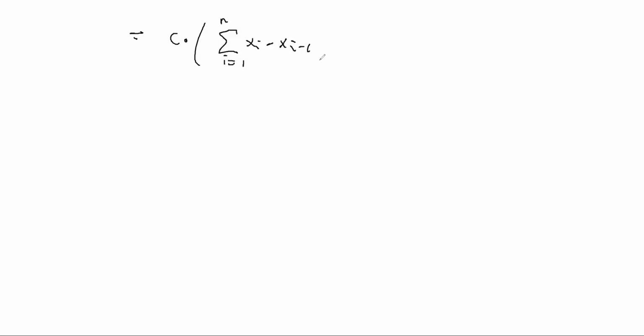So I factored the c out. By properties of sums, we can give each term in the sum its own summation. So let's rewrite this as c times the sum from i equals 1 to n of x sub i minus the sum from i equals 1 to n of x sub i minus 1.